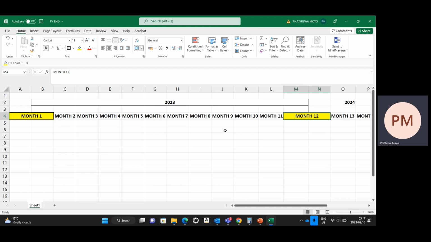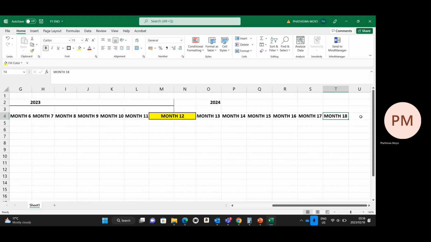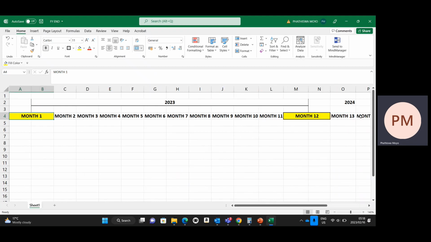Let's use the same example. They're paying for a lease for the coming 18 months. They're paying for this lease in January. So by the end of December 2023, we would have expensed the rent expense attributable to month 1 up until month 12, which is January to December.